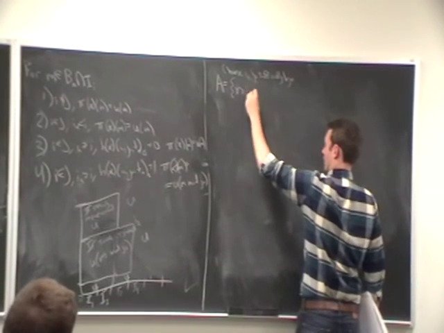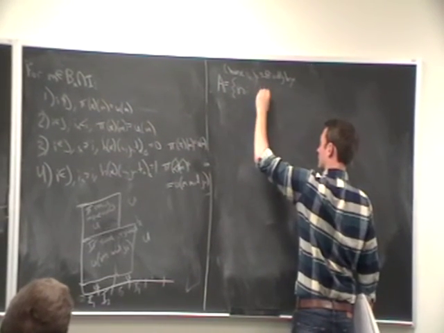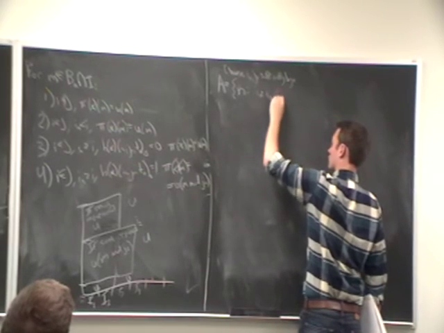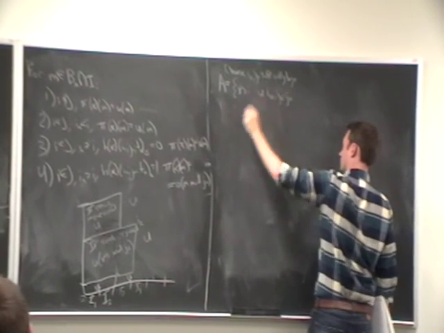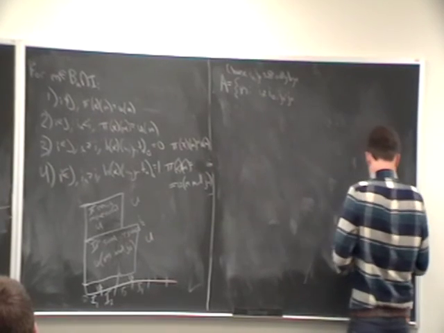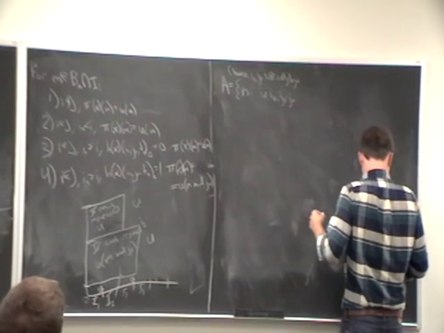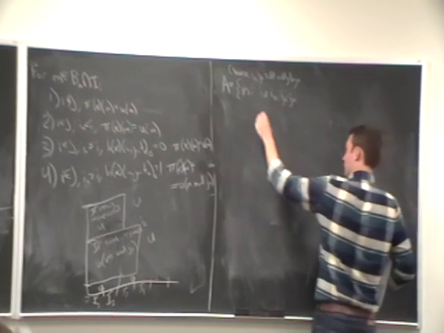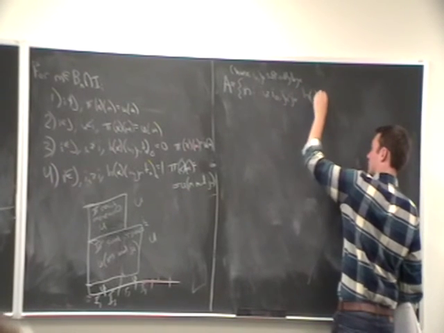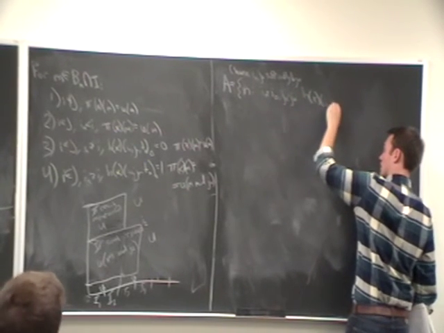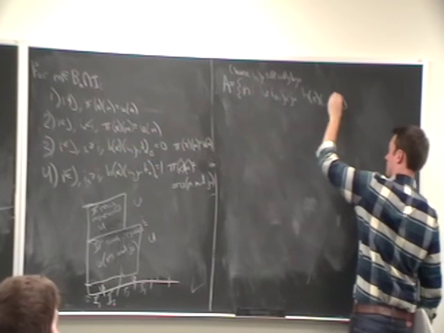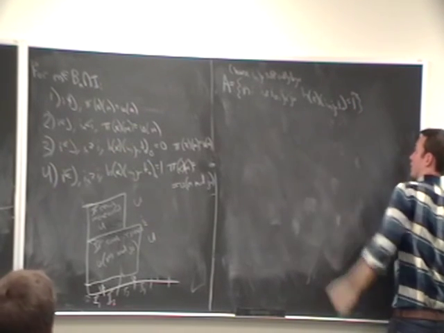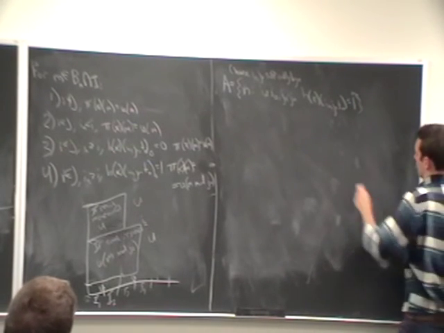So we look at the set A of all n such that i_n is equal to i_0, j_n is equal to j_0, and h of x, i_n, j_n, t_n is equal to 1. In other words, we have a successful search at i_n, j_n, and t_n.